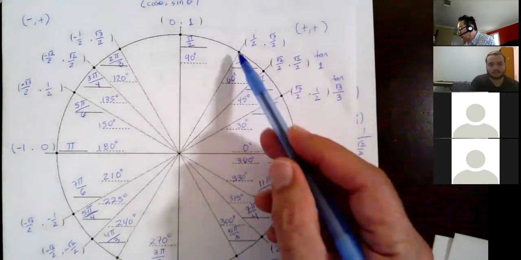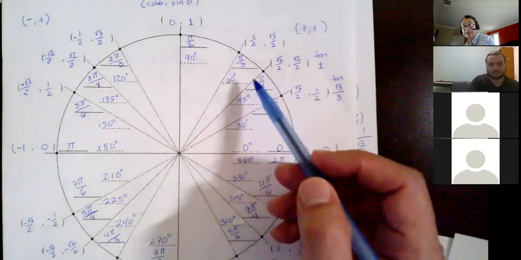And for pi divided by 3, the tangent here is square root of 3. I mean, you can find it by dividing the sine over the cosine. That's how we get these values, okay? Let me just make sure, you guys.